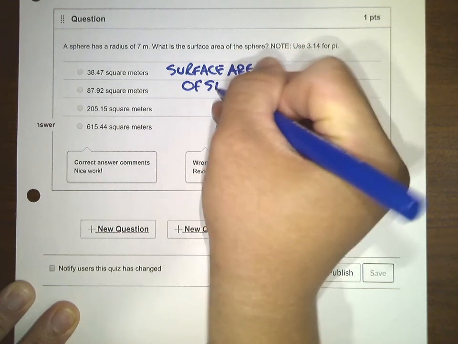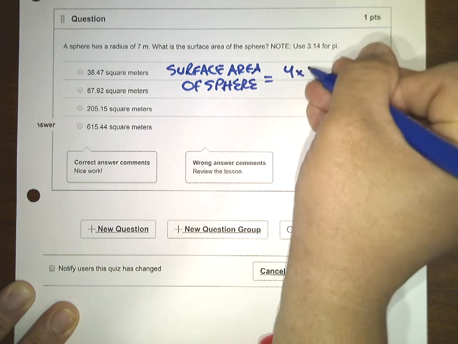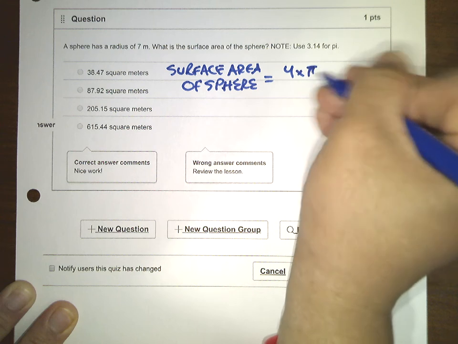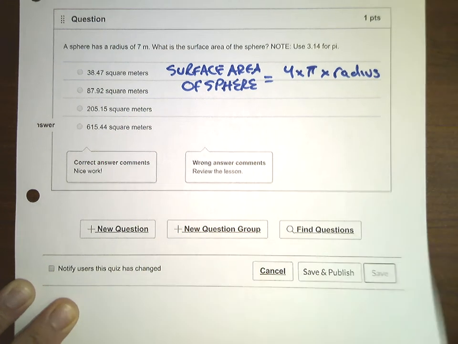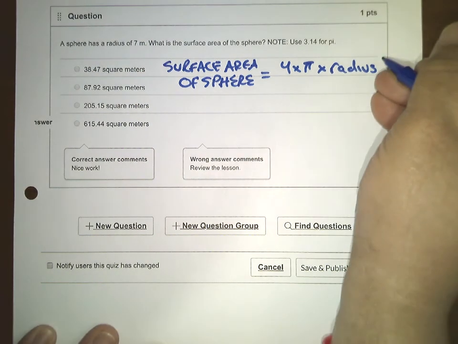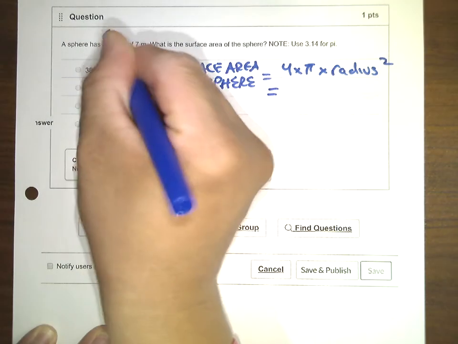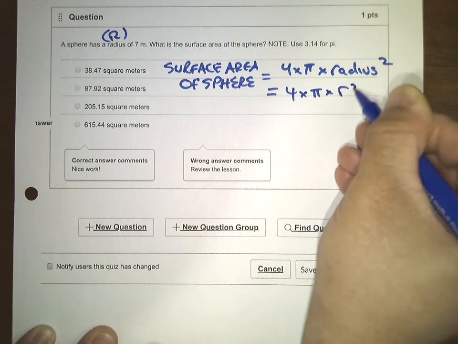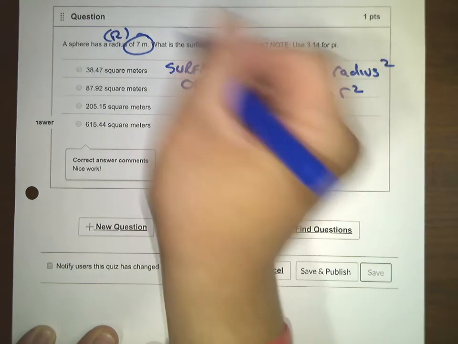The surface area of a sphere is going to be 4 times pi times the radius squared. If I abbreviate the radius, which is r, it's 4 times pi times r squared, and the radius in this case was 7 meters.